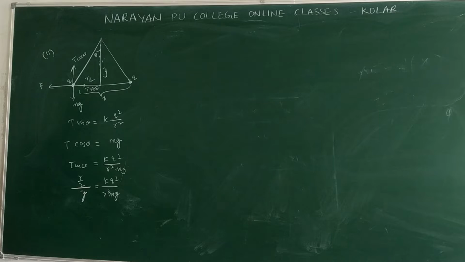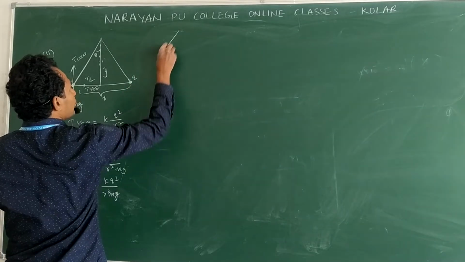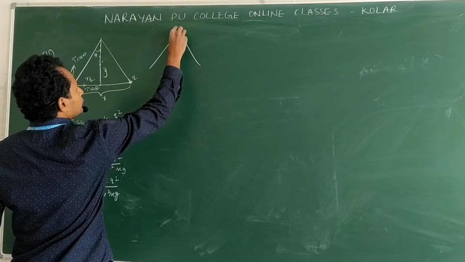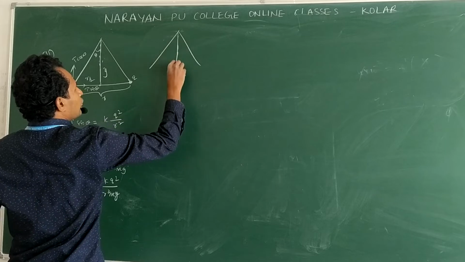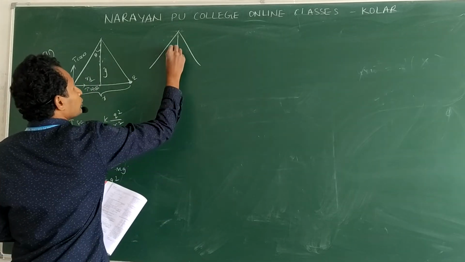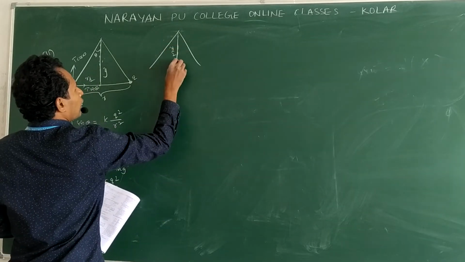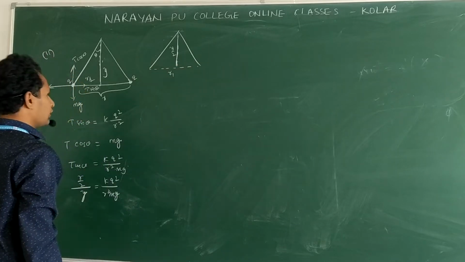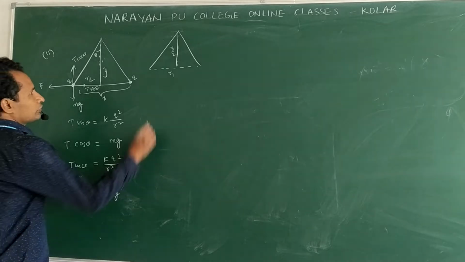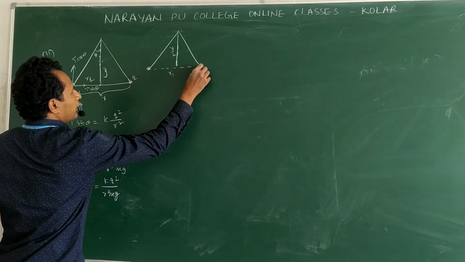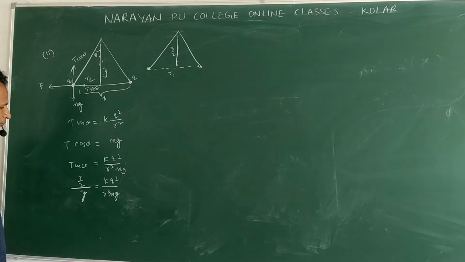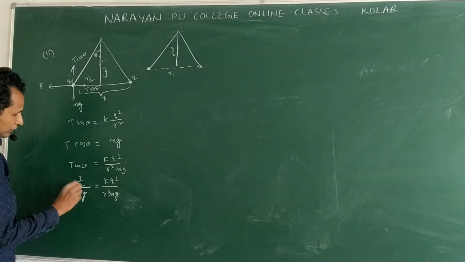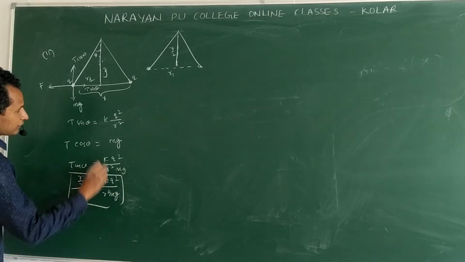Clear? Next come to the next situation. Now this will be given as y by 2 and the new distance, take it as r dash. Clear? Again the same situation, equilibrium. How do we write this expression? Again I don't write all this again.